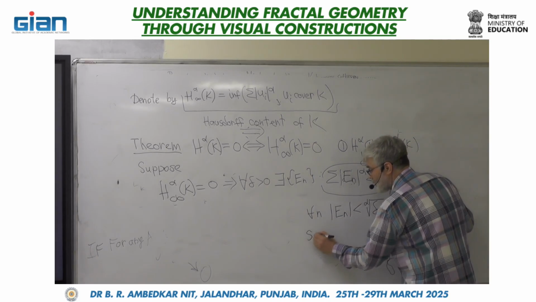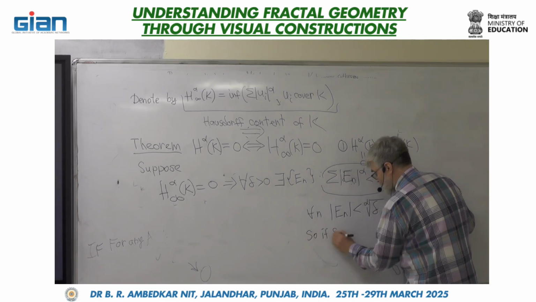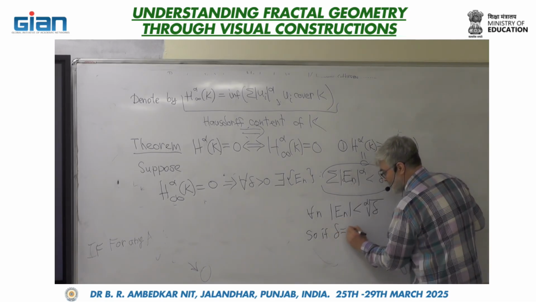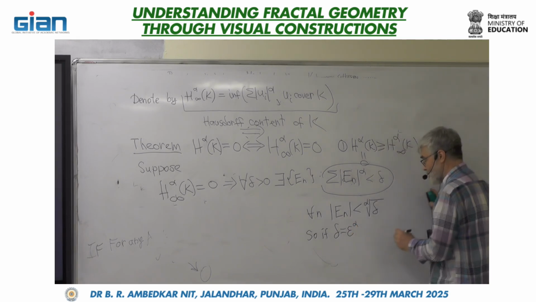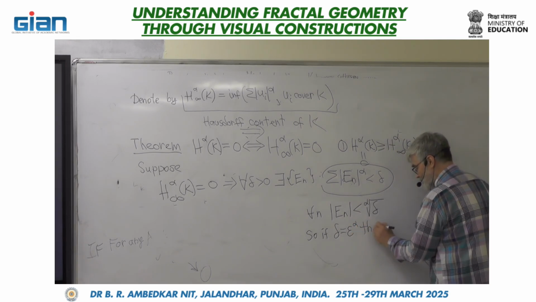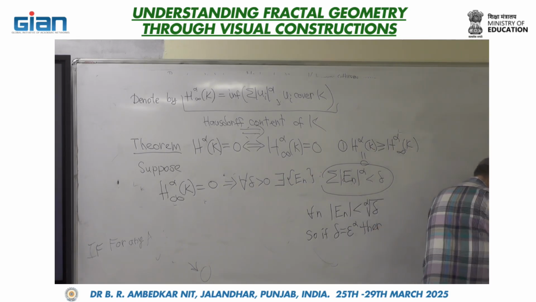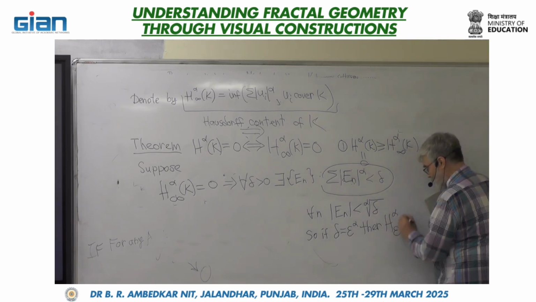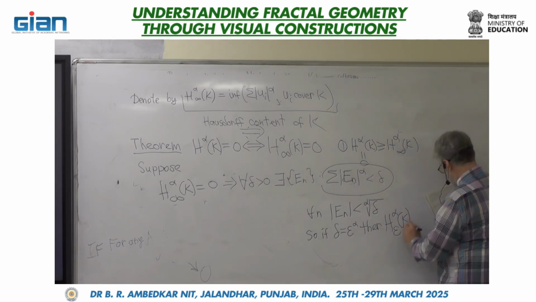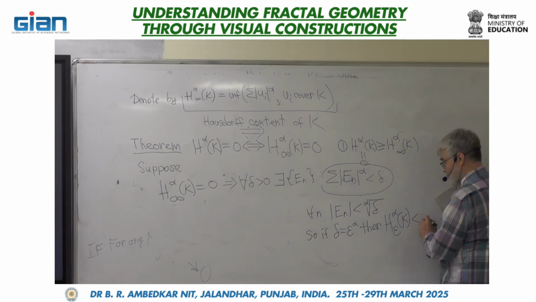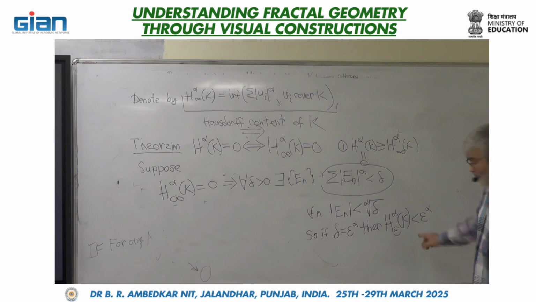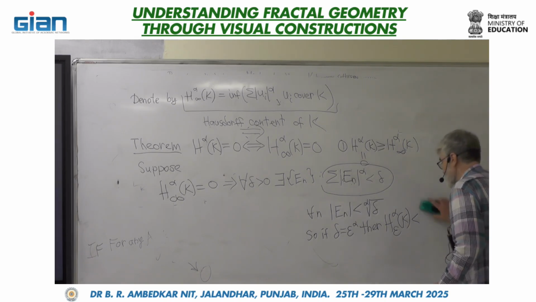So if delta is epsilon to the power of alpha, then H alpha epsilon of K is less than epsilon to the power of alpha, also less than delta.